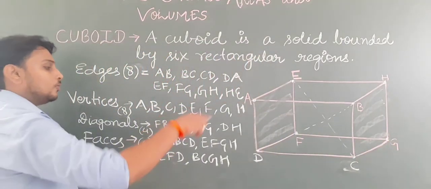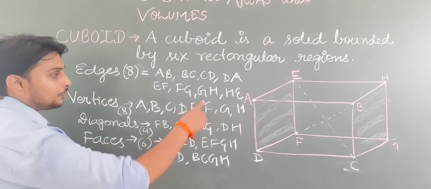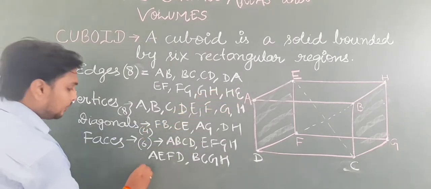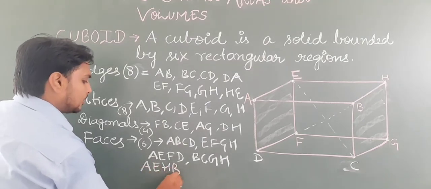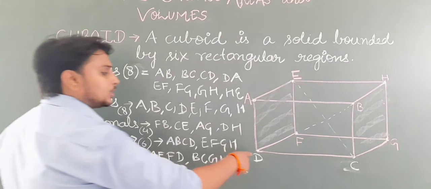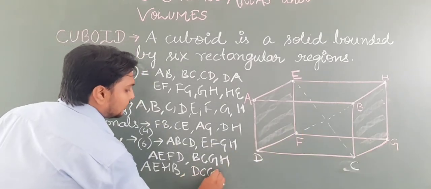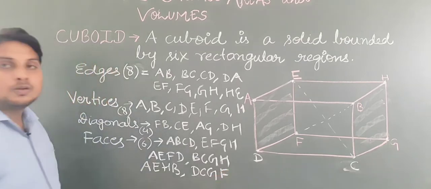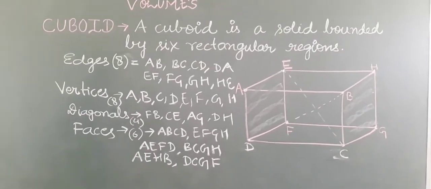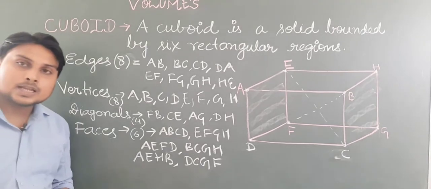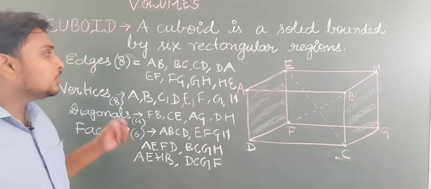Now we'll take top and bottom. Top is AEHB, and bottom is what? DCGF. Okay, so these are the basic information about the cuboid. What have we studied?